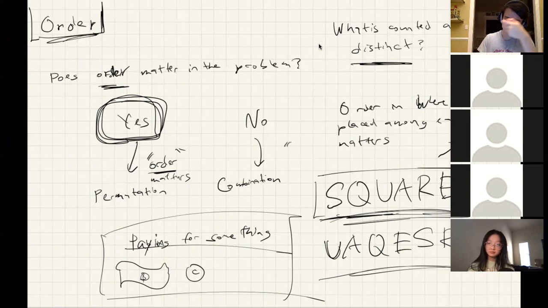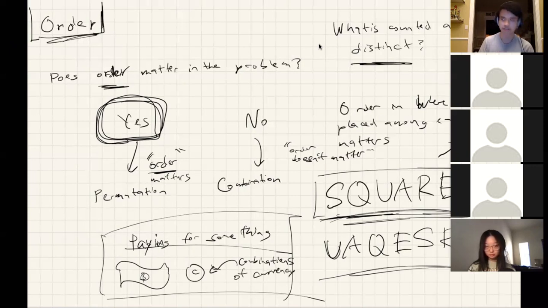Combinations are things where the order doesn't matter. You can think of these like the money you pay with. You can think of them as combinations of different types of currency.